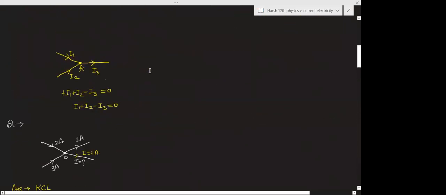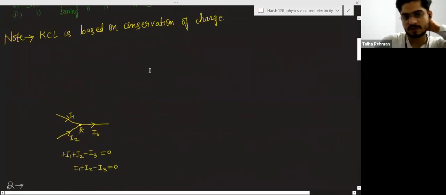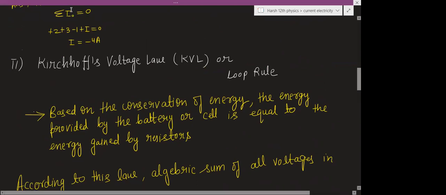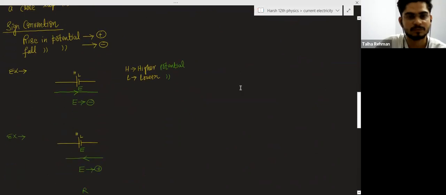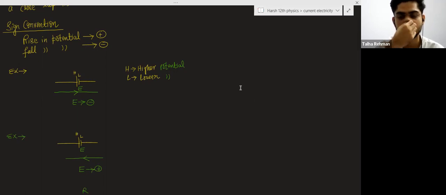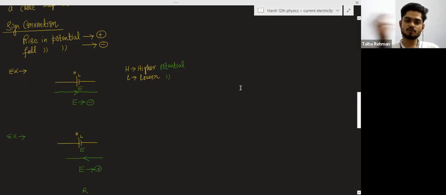Just note it down, and we will have a very good question after this. Can you scroll down to the sign convention? And be prepared, because the questions based on KVL are a little bit lengthy. They are lengthy because we have to form equations and solve the variables. That is why the question looks lengthy, but the questions are easy, no problem.